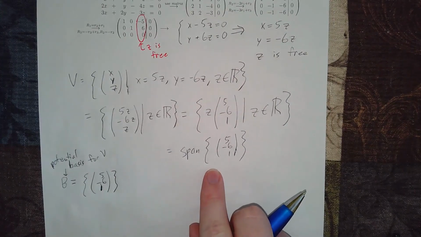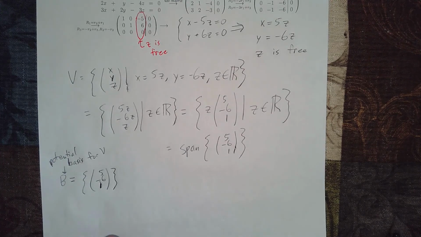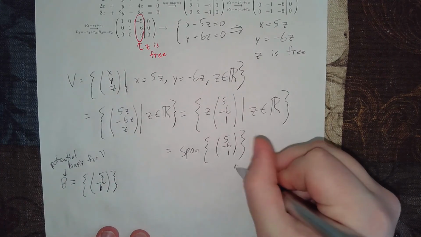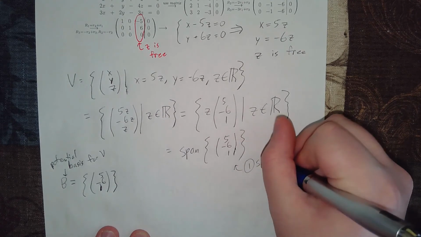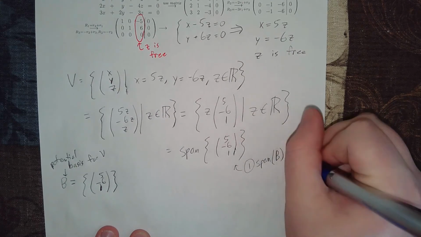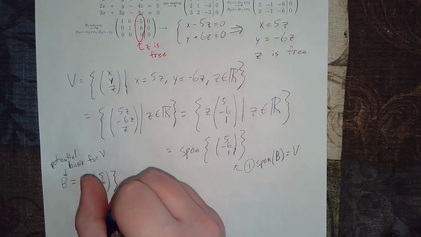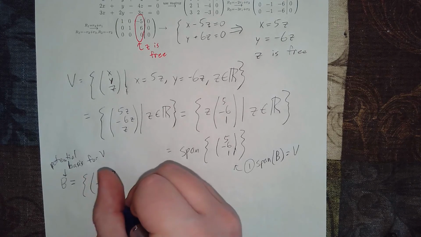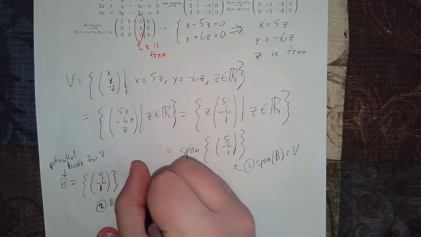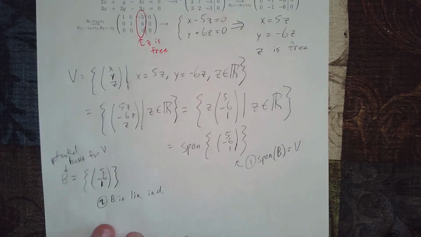Now I say potential basis because we've only done the spanning set part. We also need to show it's linearly independent. So this was 1, spanning, or span of B equals v, and 2, we need to show B is linearly independent.